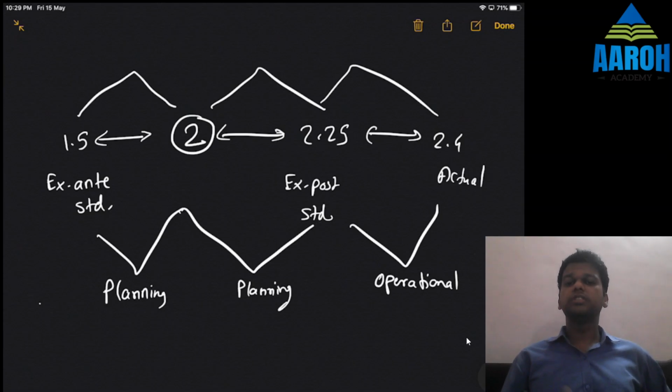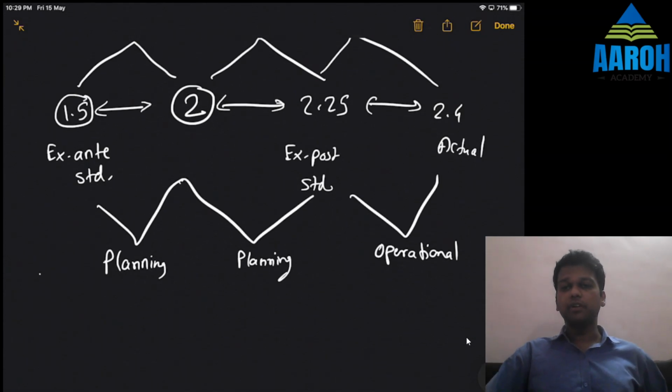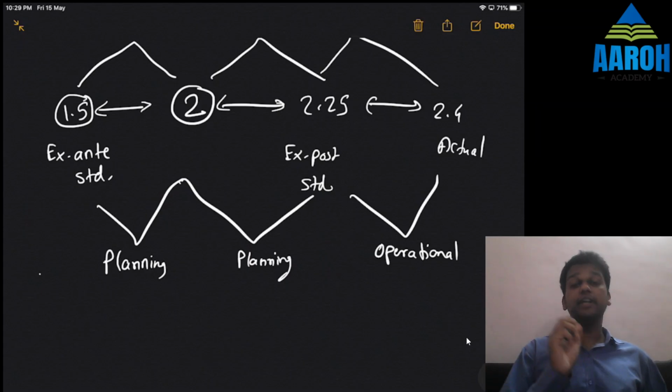Let's even try to subdivide it into controllable and uncontrollable. Now see why this is important. We planned for 1.5. If we had selected the correct material, and if we had purchased efficiently, both, that means assuming we had not made any mistake, can I say still we could have reached 2 and not 1.5.